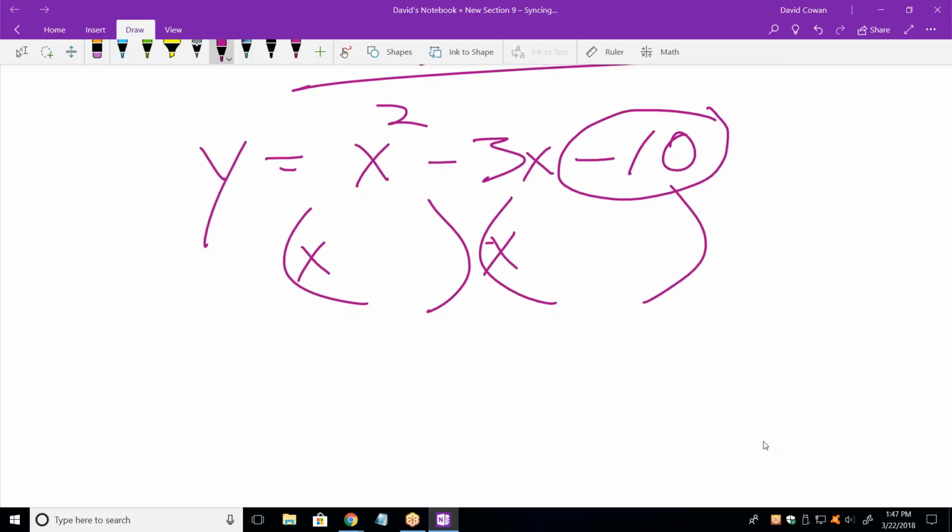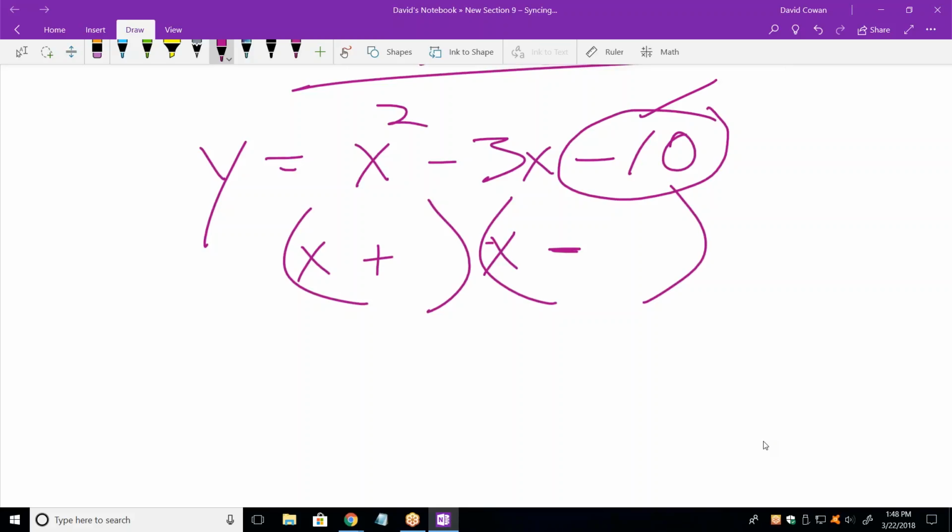So if they were both negative, I would end up with a positive. So the fact that I have a negative 10 means the signs have to be opposite. They could be plus minus or minus plus, but it doesn't matter where I put each. I just know they have to be opposite. It's the only way I can produce a minus 10.